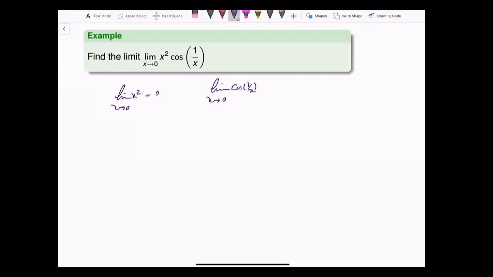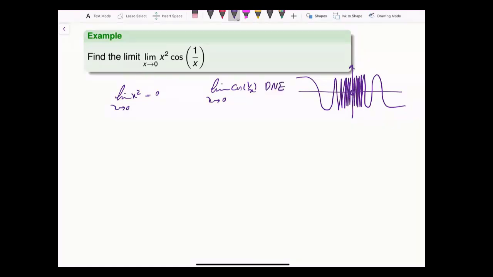What is that? Well, cosine 1 over x has a very similar graph to sine 1 over x. It will be crazy, what is called an oscillating thing around 0, and this limit does not exist.